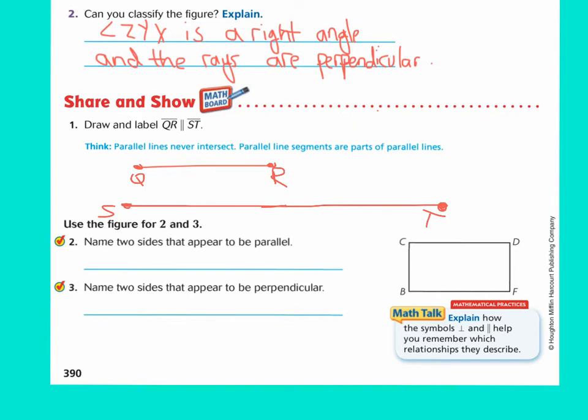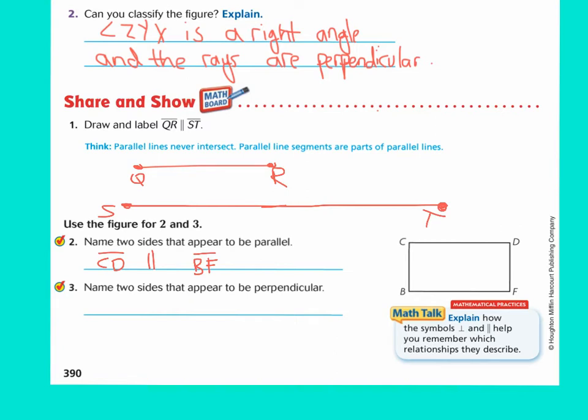Okay, lastly, let's look at number 2 and 3. It says name two sides that appear to be parallel to each other. I'm going to go top to bottom, so line segment CD is parallel to line segment BF. And then number 3, name two sides that appear to be perpendicular.